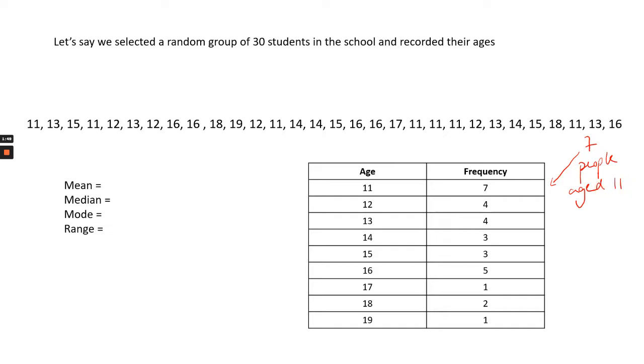The frequency column is how many times I have someone with the age of 11, the age of 12, the age of 13, the age of 14, etc. This will make our calculations much, much easier, but there are also some things we need to know when calculating the median, the mean, the mode, and the range. So let's have a look at each of those in turn.